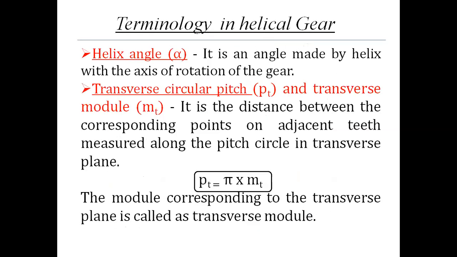Now come to our terminology definitions in helical gear. Helix angle alpha, as we discussed in the previous session also, is the angle made by the teeth, or helix, with the axis of rotation of the gear.